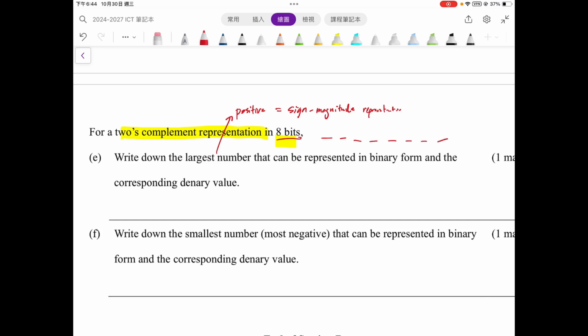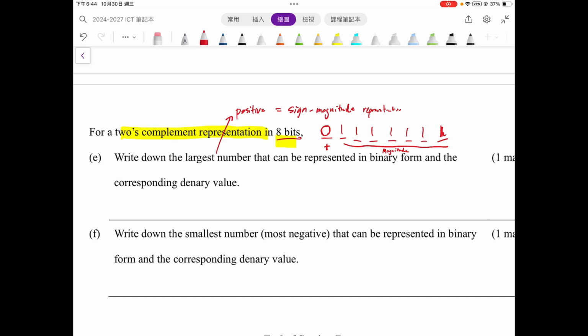The first bit, the sign, always should be 0. After that comes the magnitude, and we want the largest number, so you fill all the spaces with as many ones as you can.